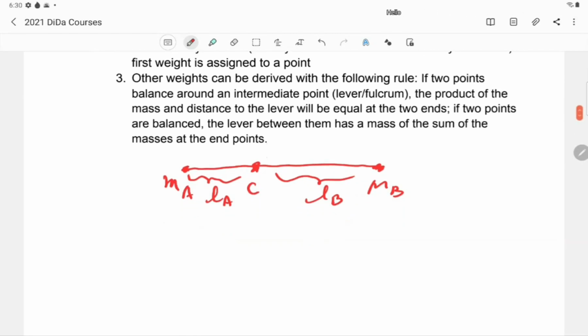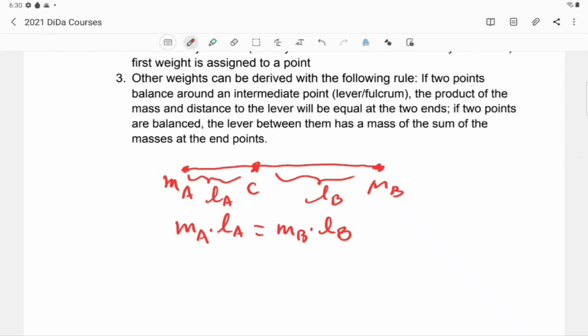You need MA times LA to equal MB times LB. Okay, so that's the core of the method.